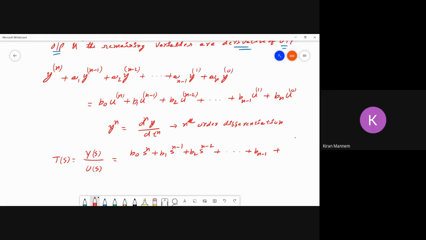Divided by s to the power of n plus a1 and so on.